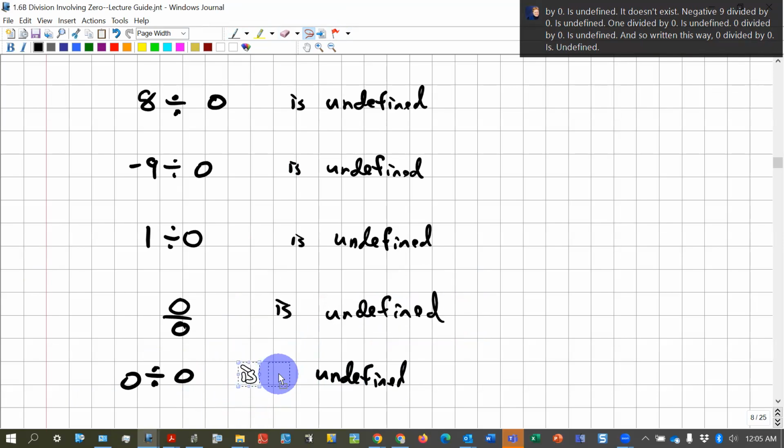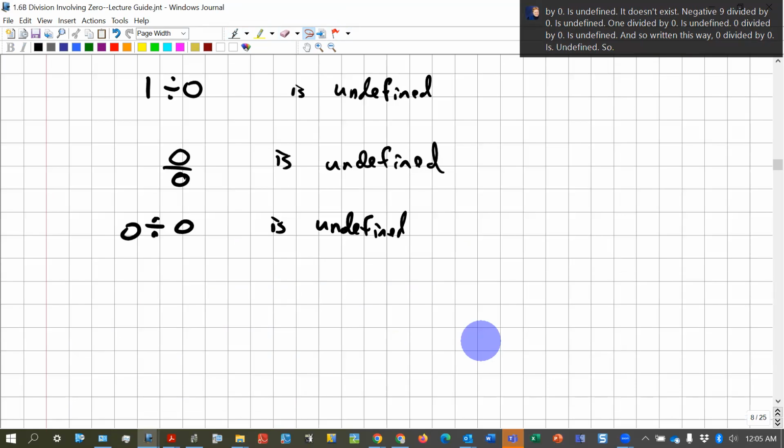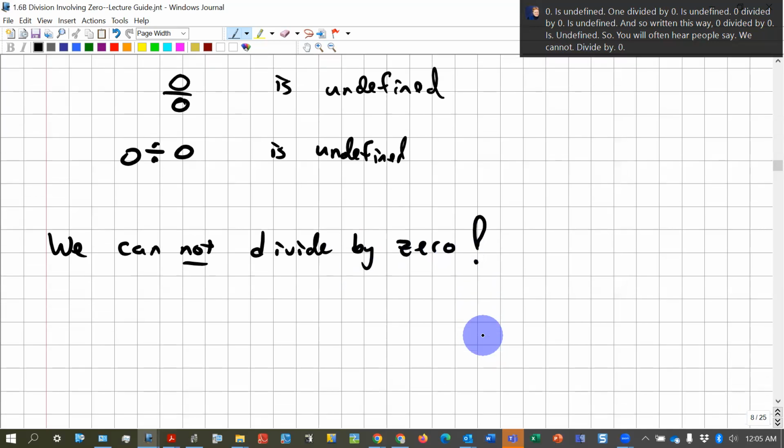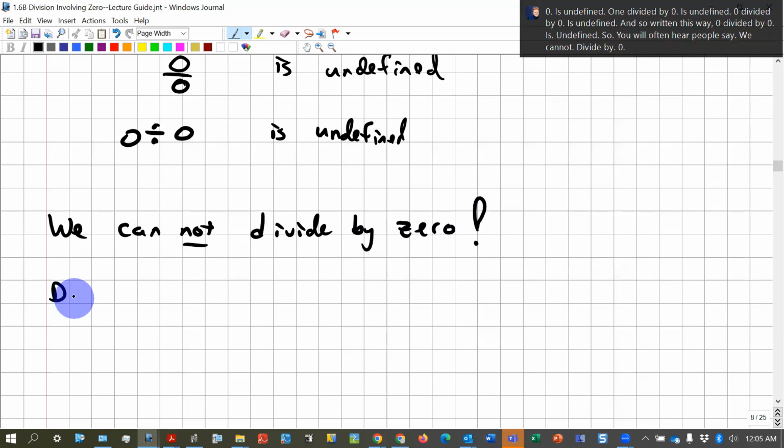So you will often hear people say, we cannot divide by 0. Division by 0 is undefined.